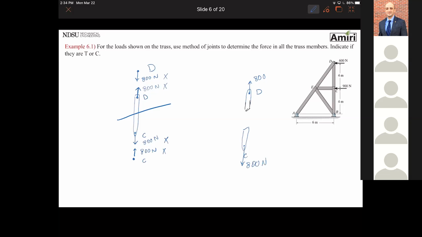What happens in the center now that I made a cut? What do you think should go in the center? Here's a hint for you. This little guy here is also a 2-force member now.